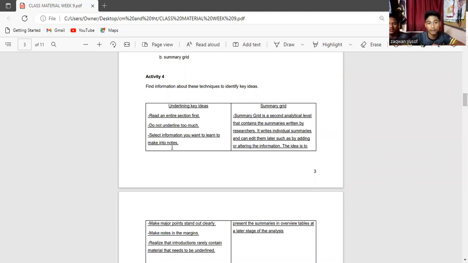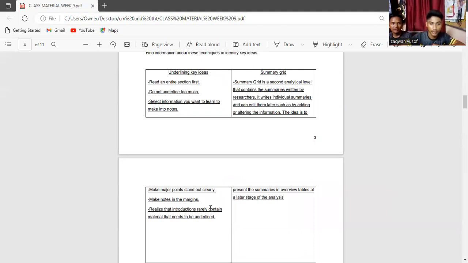Find information about these techniques to identify key ideas. Underlining key ideas: read and iterate citation first. Do not underline too much. Select information you want to learn to make into notes.